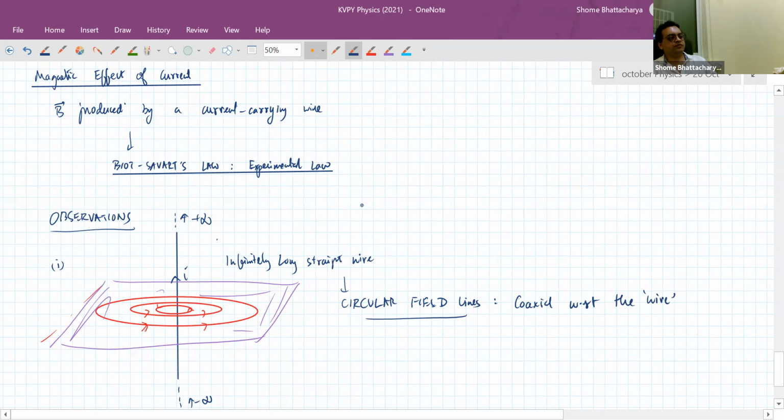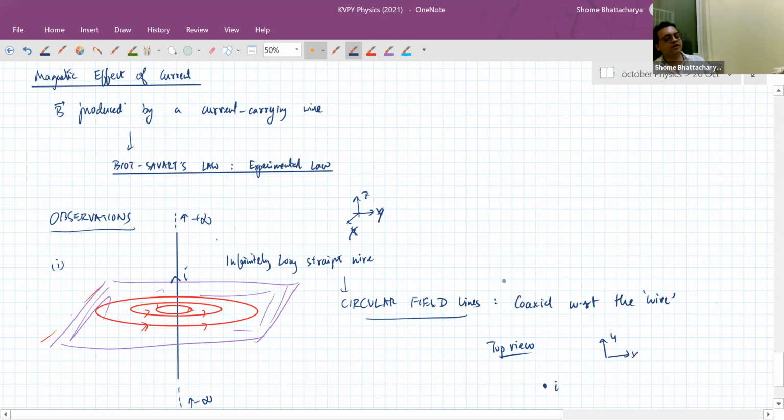So for example, if this diagram is again such that the wire is along the z axis, now if we look at the top view of the same thing, we are looking into the xy plane. This is x and y, and the z axis is coming out.